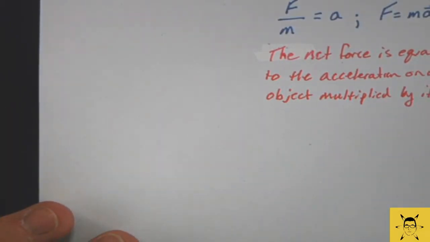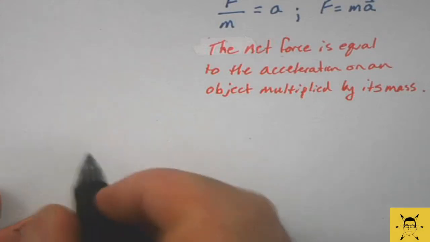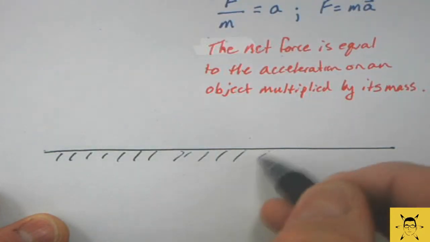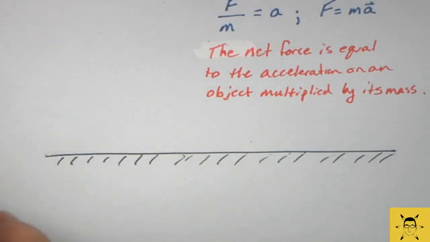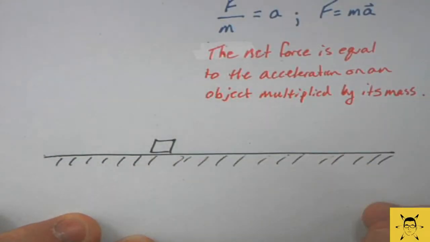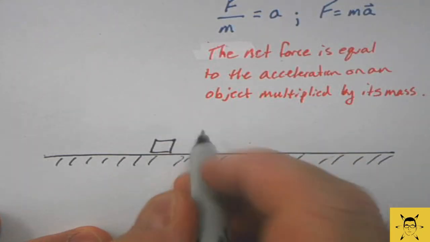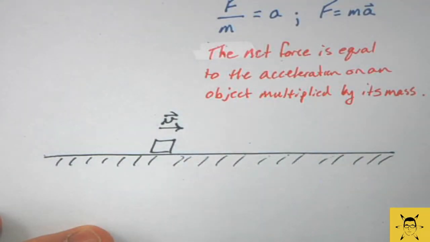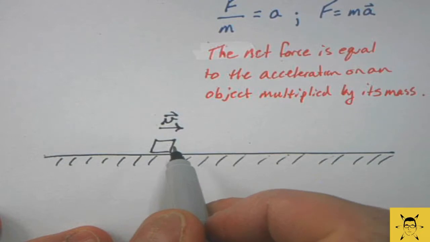If we have an object, and it has this velocity, it's going in that direction, and we want to get it to stop, we need to exert a force on this thing to get its velocity to change to 0.